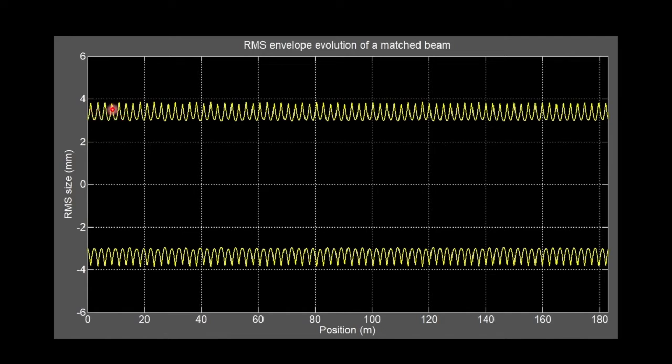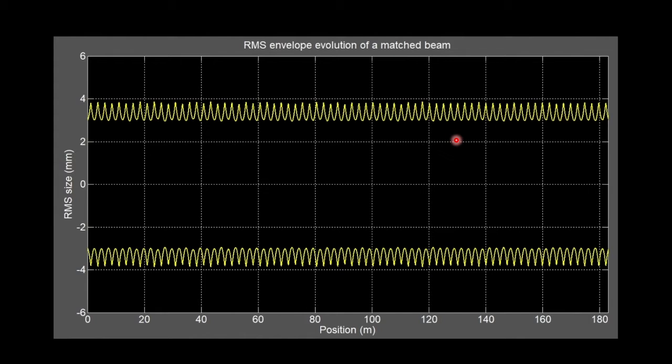Now as you can see how well behaved the beam is. It's oscillating with a single frequency, which I'll be showing you soon, and with a constant amplitude. So this is a well behaved envelope, so to say.